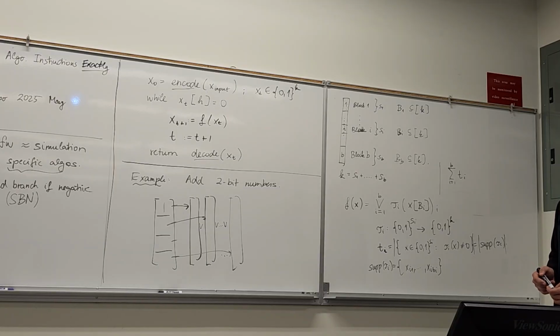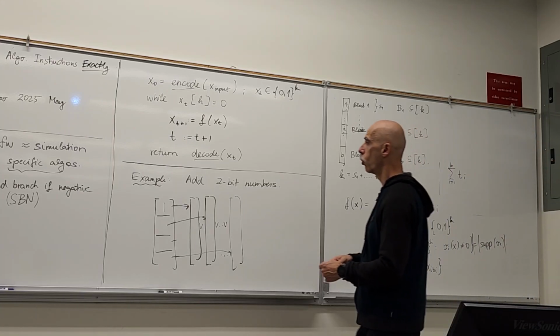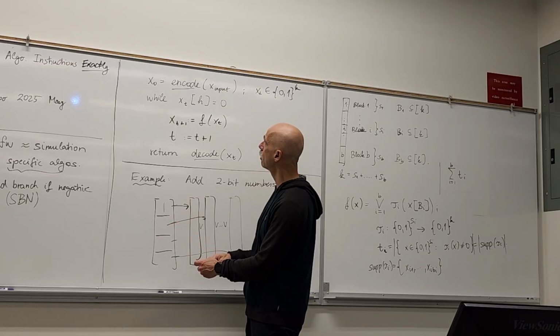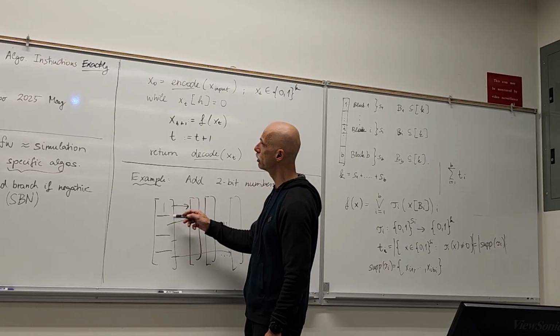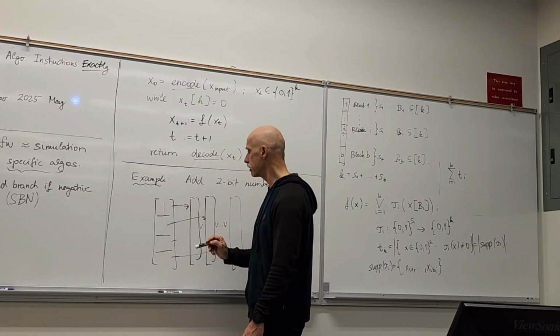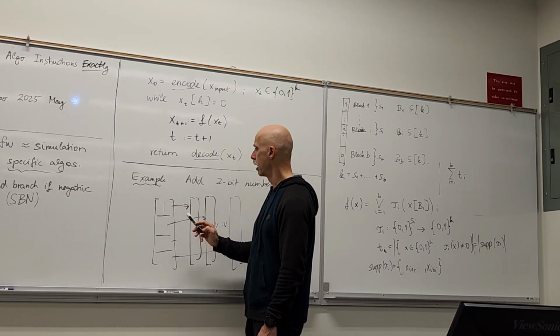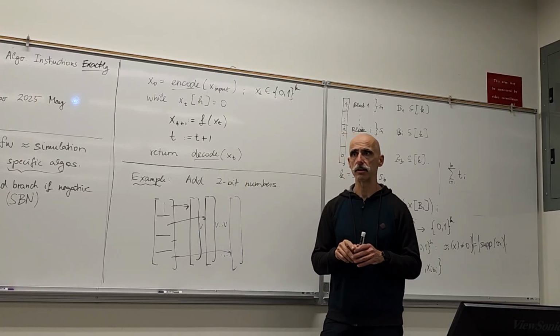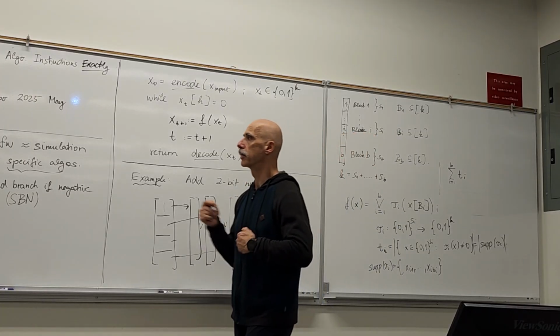Why do we have the blocks? The reason we are going to have the blocks is because they will be helpful to encode specific algorithms. So let's see an example of adding 2-bit numbers.